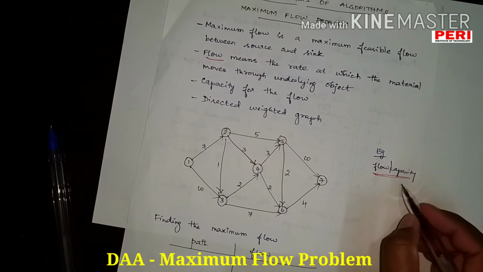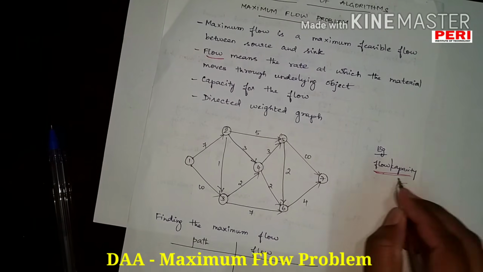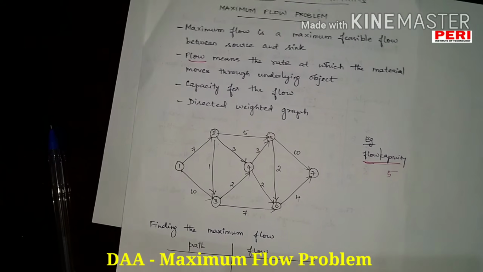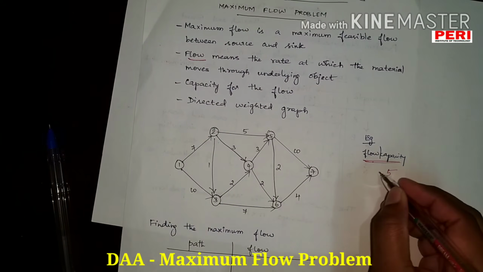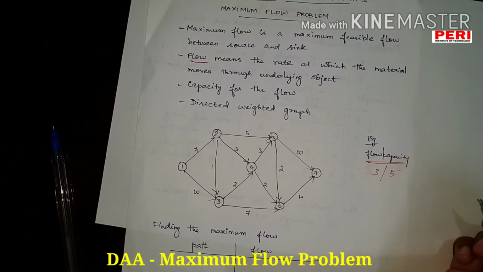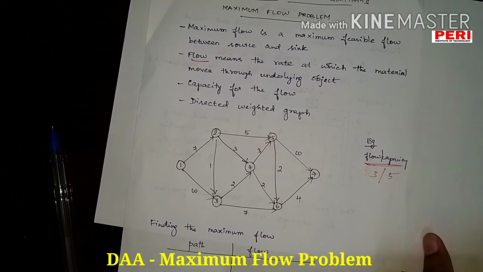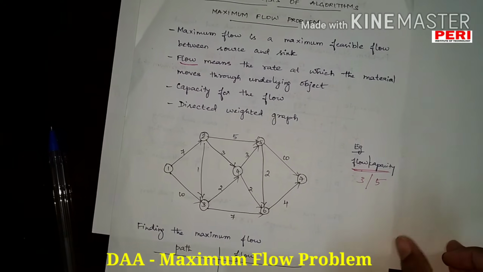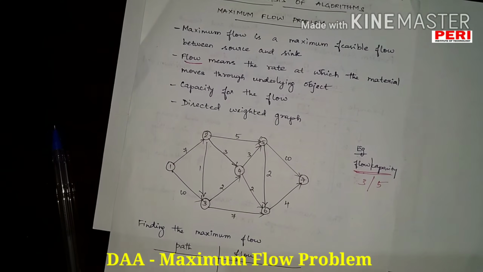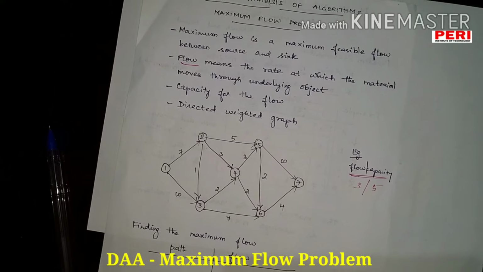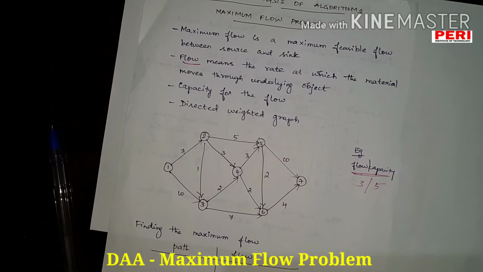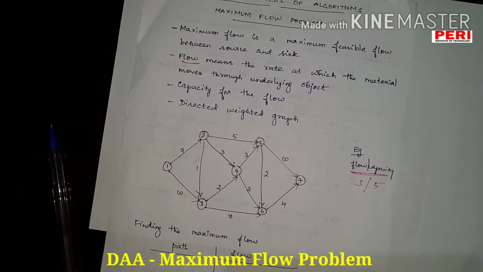Say for example the maximum capacity is 5, which means that it is a 5 liter pipe. In a 5 liter pipe, I am sending 3 liters of water. So I'll write it as 3 by 5, which specifies that the capacity of the pipe is 5 and I am sending 3 liters over that particular pipe. So this is 3 by 5, which is flow by capacity.